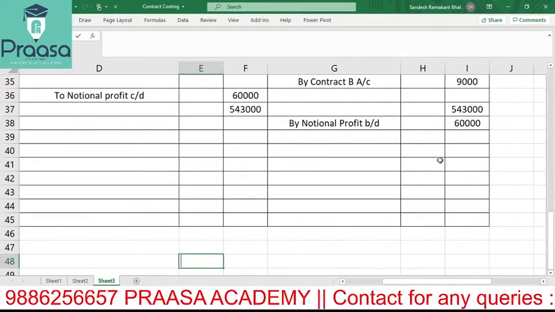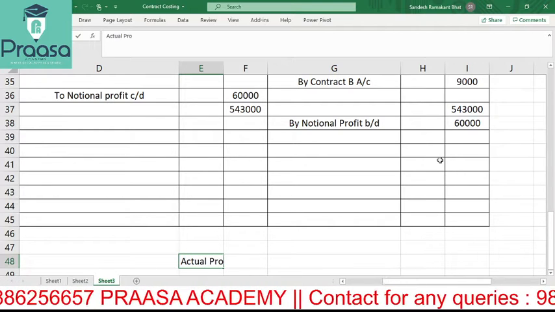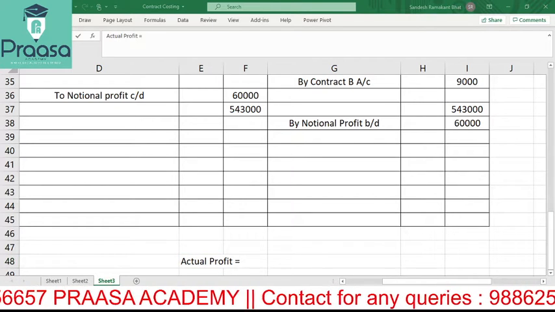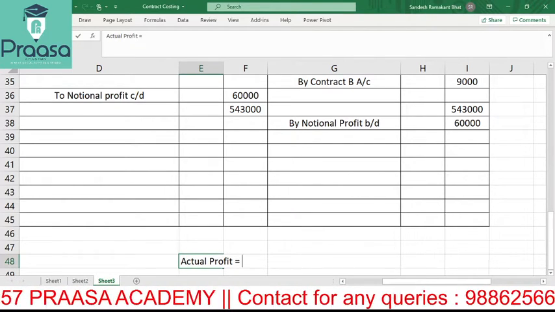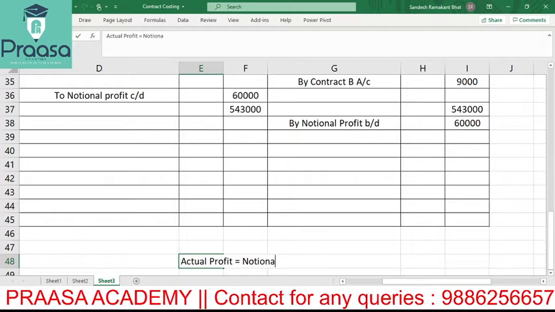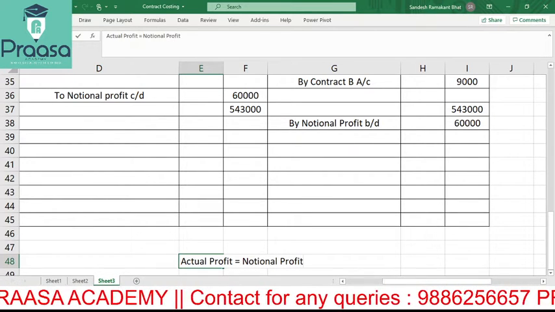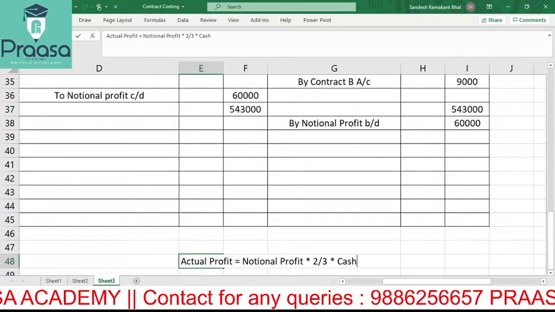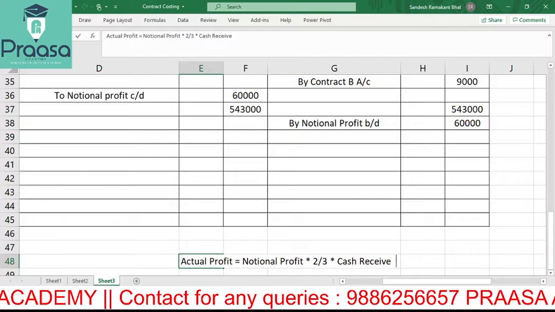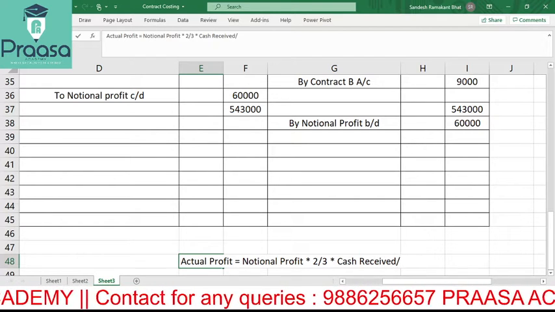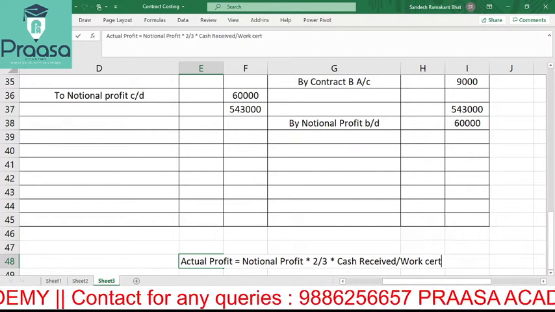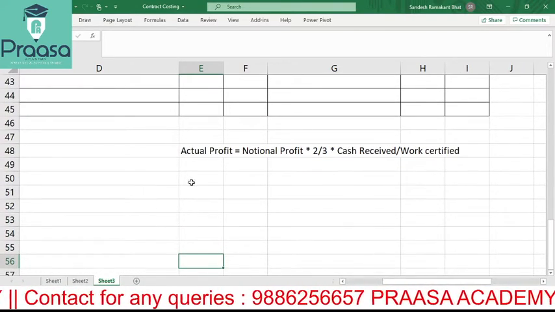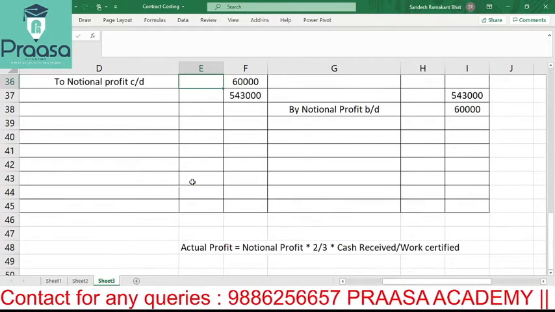So the calculation of actual profit is equal to notional profit multiplied by 2/3 multiplied by cash received divided by work certified. Notional profit is how much?